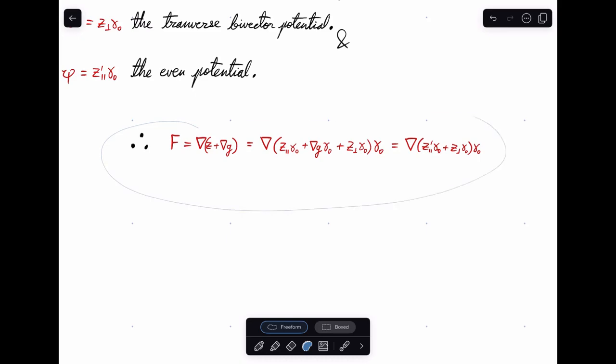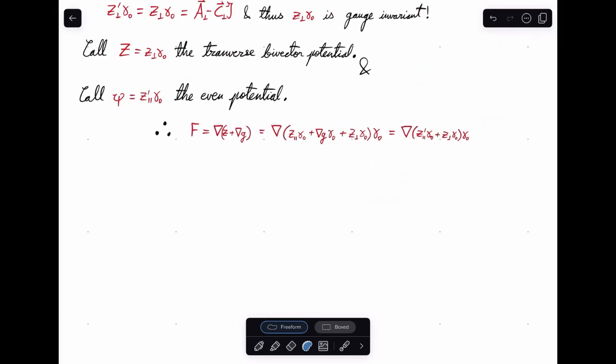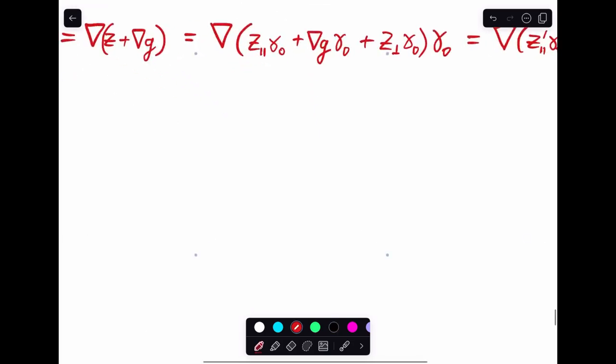So you have this, which is equal to the gradient of C plus capital Z gamma naught.